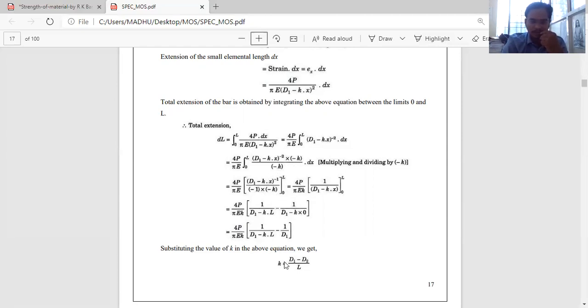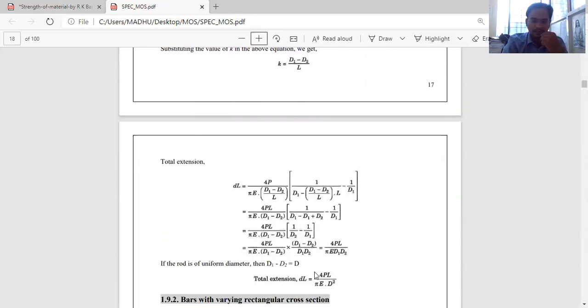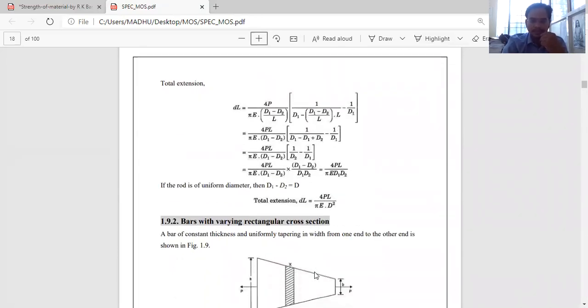So finally, we get the answer for delta L. The change in length is 4P by pi E k into (1 by (d1 minus kL) minus 1 by d1), where k is (d1 minus d2) by L. On further simplification, the final answer we get is delta L equals 4PL by pi E d1 d2.